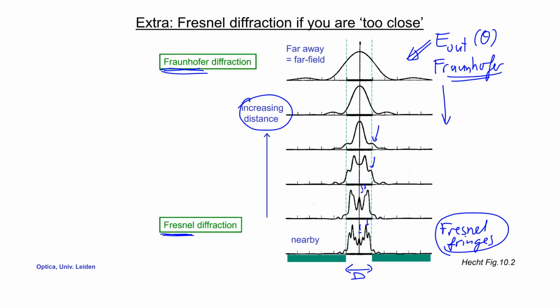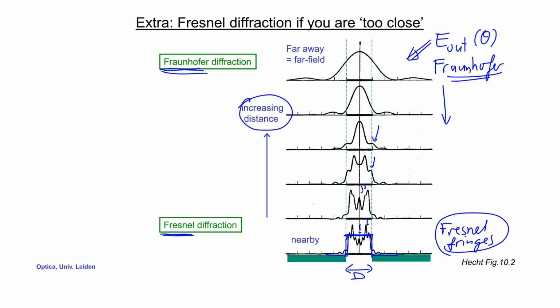Right? And you see that if you're really close, the field pattern sort of starts resembling the pattern that you would naively think, which has uniform intensity inside the slit and zero intensity outside the slit, right? But there's still some weird fringes.